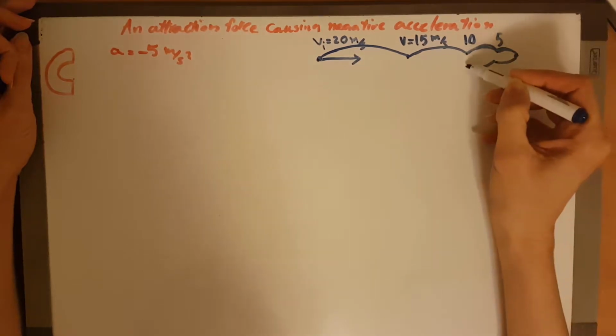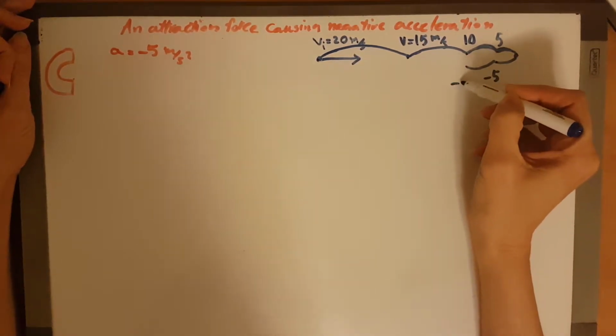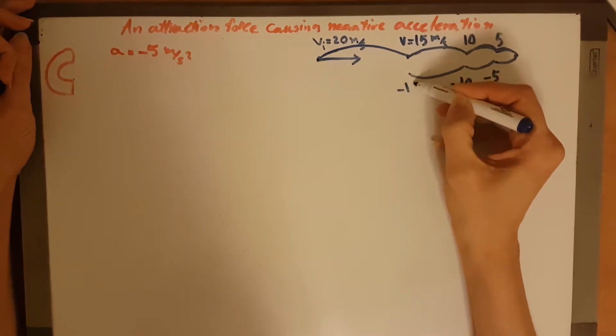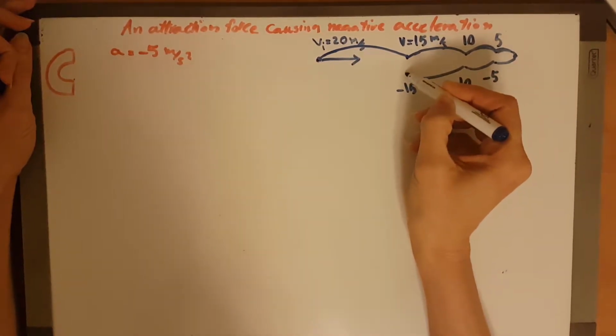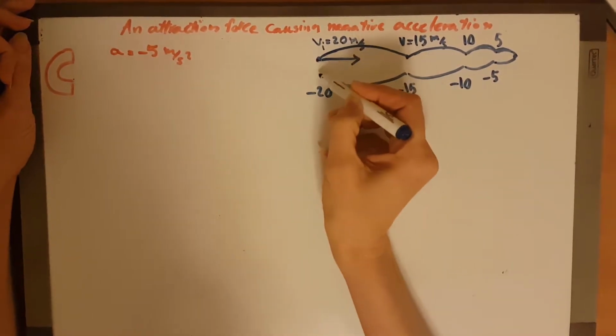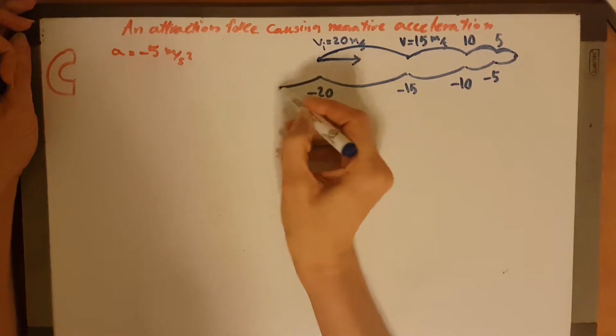Then the velocity going this way is negative 10. As you can see, a symmetry exists here: negative 15, negative 20, and it goes even faster.